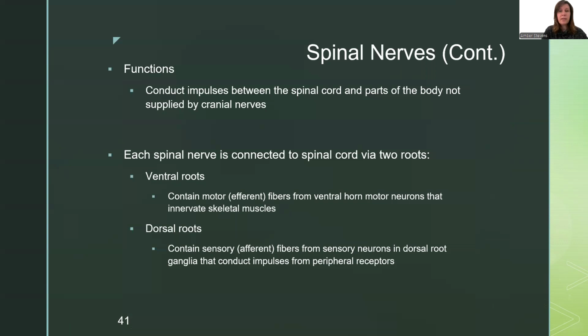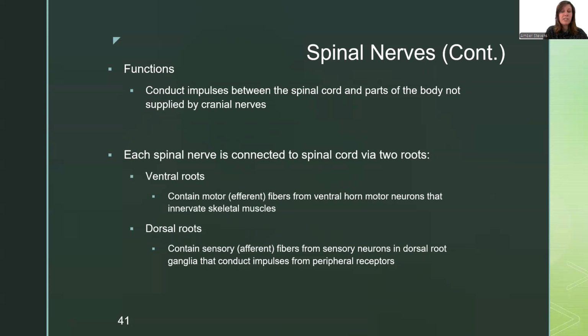All right, so each spinal nerve supplies a very specific area of the skin called the dermatome that we talked about. Those dermatome maps are very useful for diagnosing nerve damage based on loss of sensation or pain in that specific area.